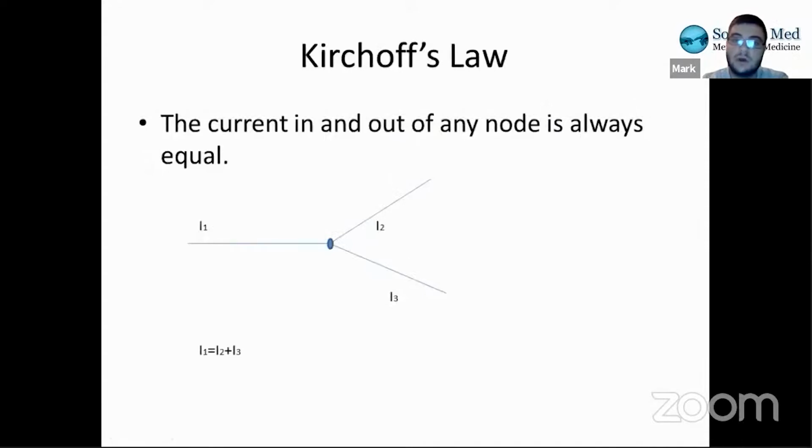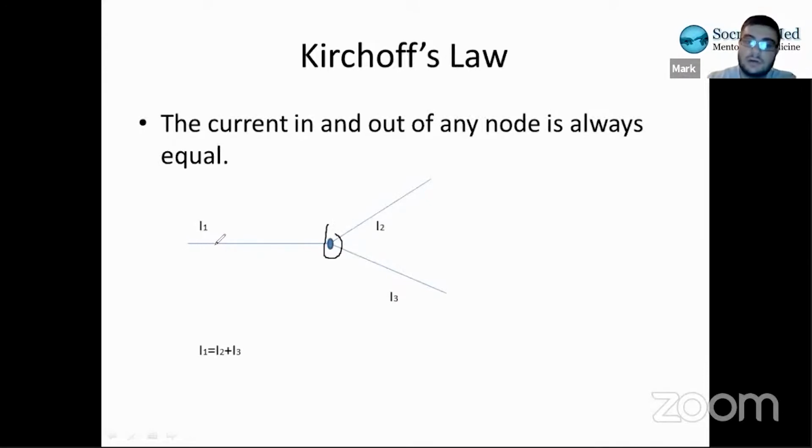Next, I want to talk about Kirchhoff's Law. This is also a relatively simple one, and one we're not going to cover too in depth, but I just want to talk about it. Kirchhoff's Law says the current in and out of any node is always equal. For example, here I've drawn this circuit diagram, and if you imagine this is like a wire, this is a node where something splits.